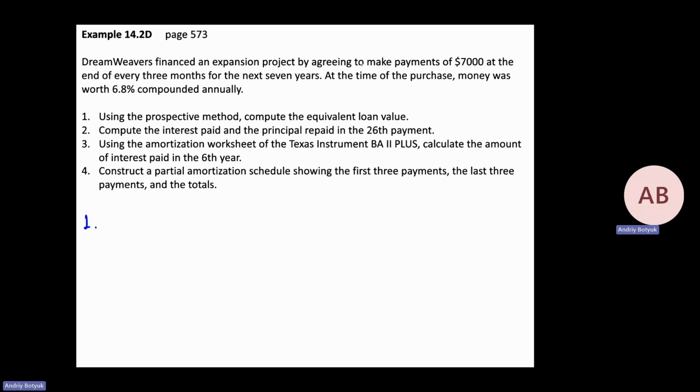So let's analyze what we have. Payment is 7,000, right? And PY is 4. Here, money is J1, 6.8%. Okay, so the annuity is general and N would be 4 times 7, yes or no?